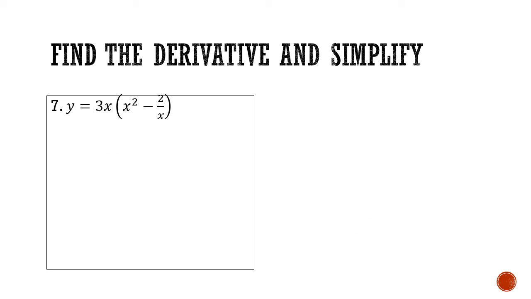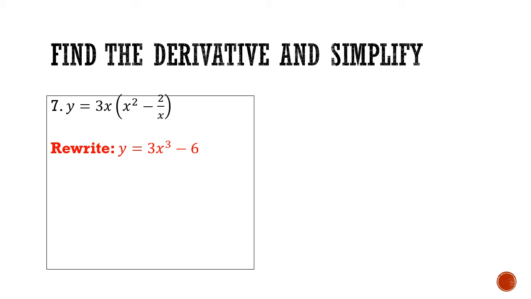Number 7. All right, so we definitely need to simplify this problem. You're going to start by distributing 3x to x squared minus 2 over x. 3x times x squared, you know, is 3x cubed, and 3x times negative 2 over x would be negative 6x over x.